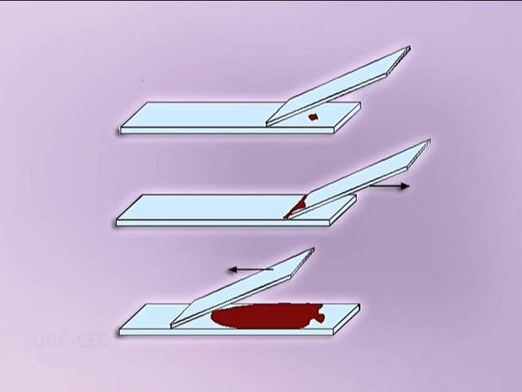With another slide at an angle of 45 degrees, make a thin layer and let it dry. Put a drop of Leishman stain and allow it to stain for 2 to 3 minutes. Add a few drops of water and keep for 5 minutes. Wash off the stain using tap water. Allow the slide to dry and examine under the microscope.